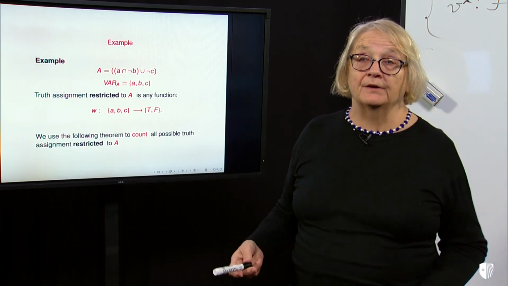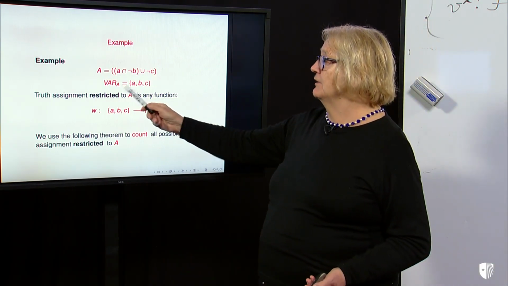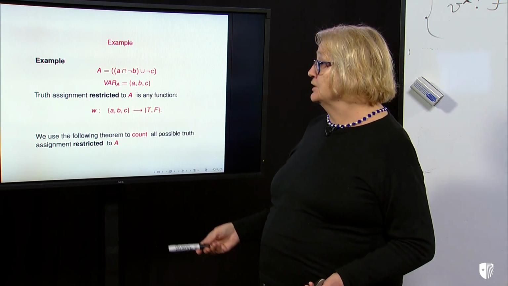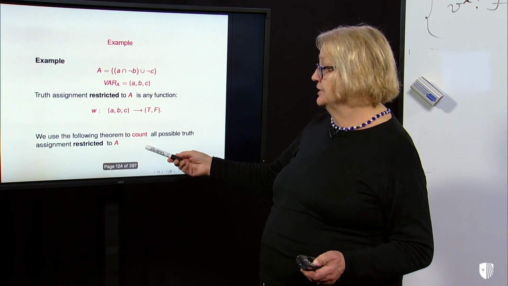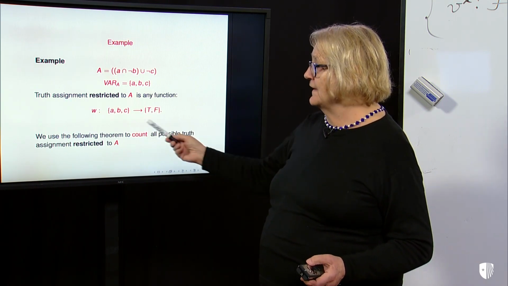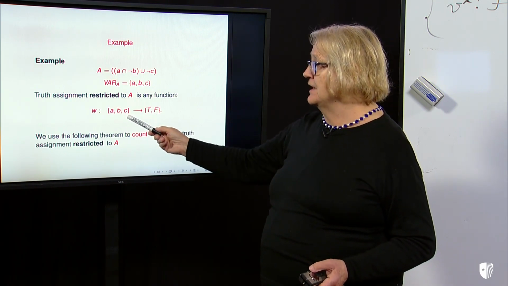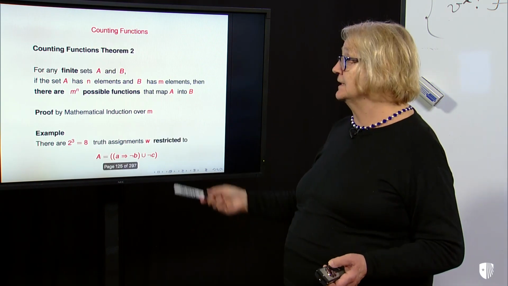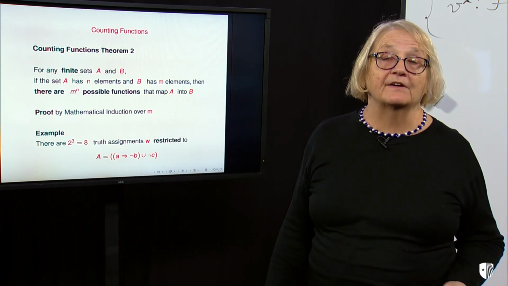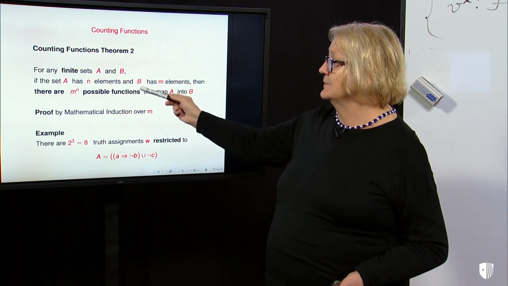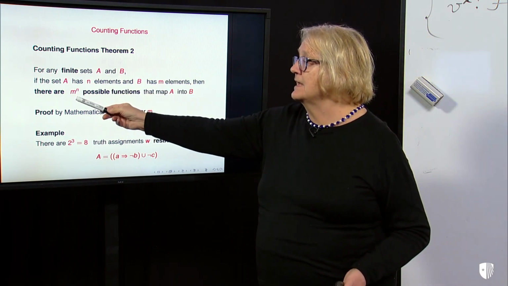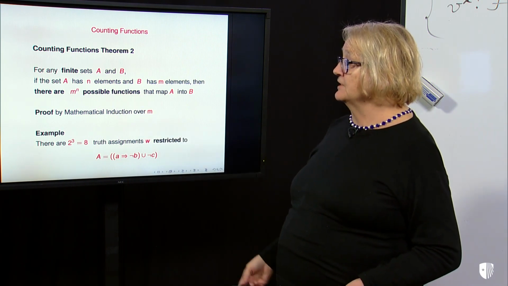So for example, here you have a formula with 3 variables. You can count how many functions take a 3-element set into a 2-element set. You have the counting finite function theorem that for finite sets, if one has n elements and the other has m elements, there are m to the power n possible functions.